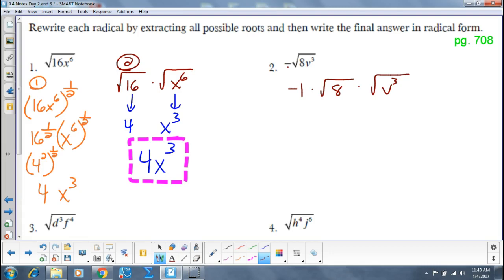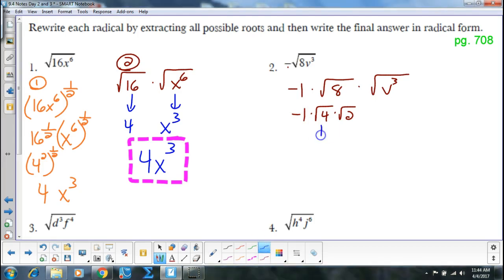It's going to come along for the ride. It's the remora fish of our shark. Square root of 8. What can I do with the square root of 8? No, that's the square root of 12. What times what is 8? 4 and 2. So this is the square root of 4 times the square root of 2. What's the square root of 4? 2.